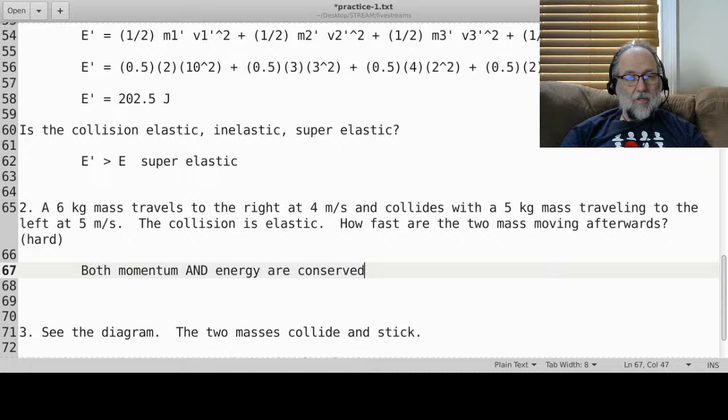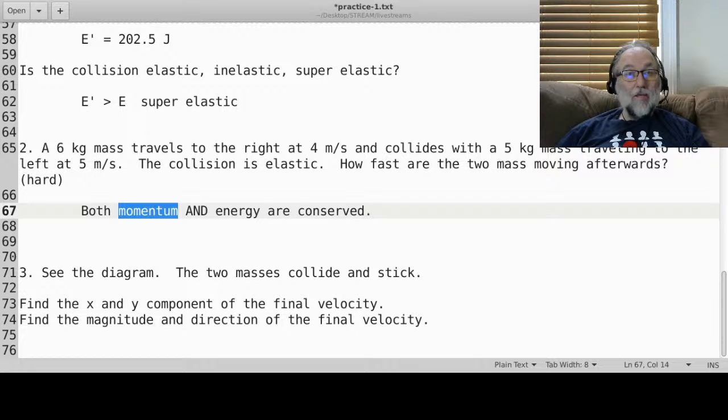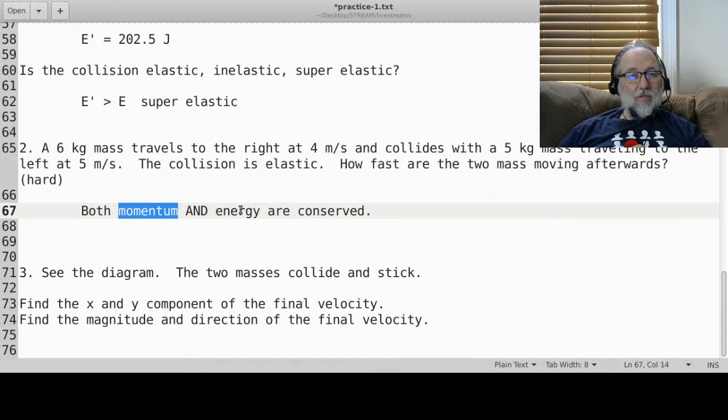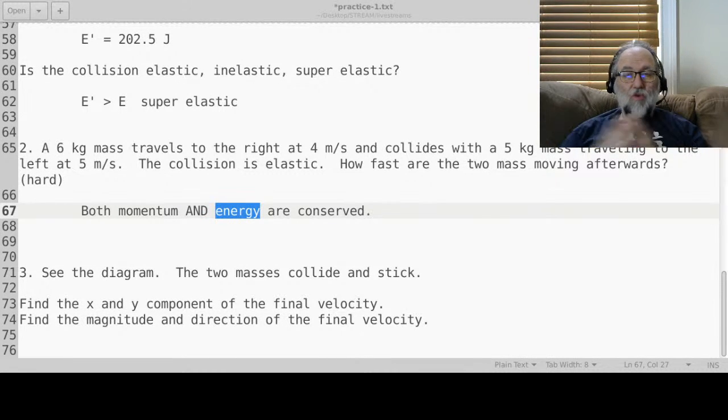Now, the reason that gets hard is the conservation of momentum, we just did a problem like that. That's easy because the velocity comes in linear, in other words, it's not squared. But the energy comes in squared. And what you have to do is take one equation and put it inside another, and there's no way to avoid a quadratic.